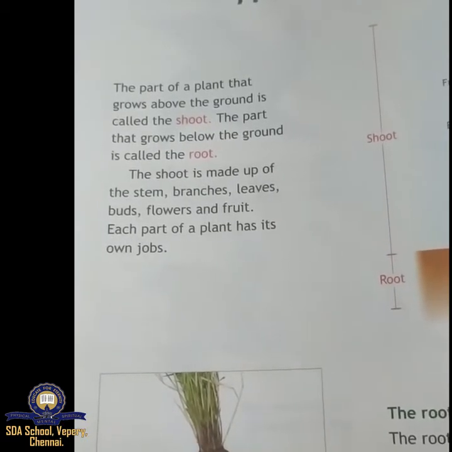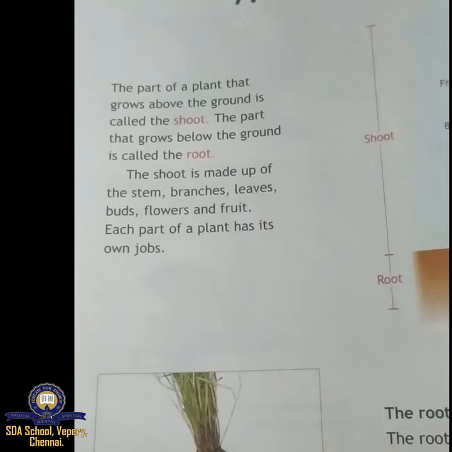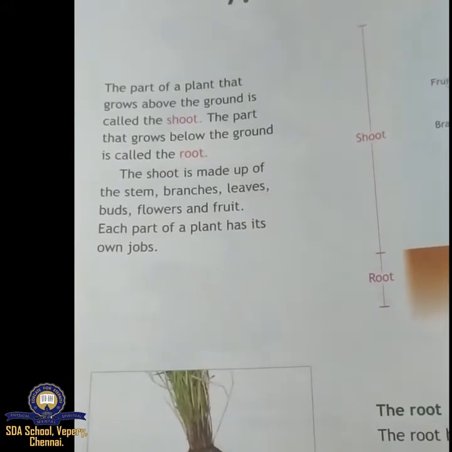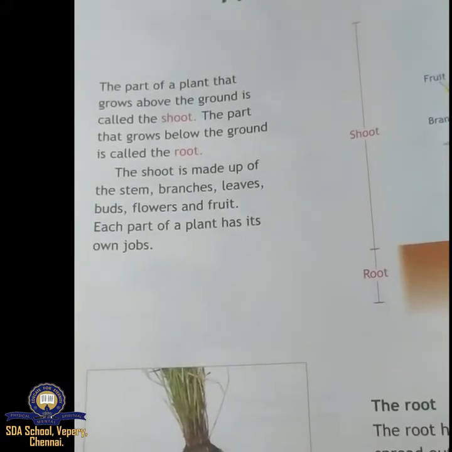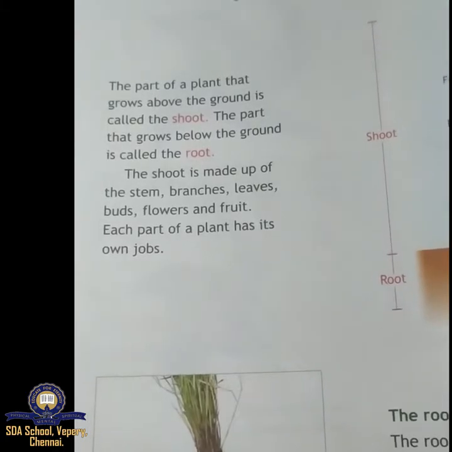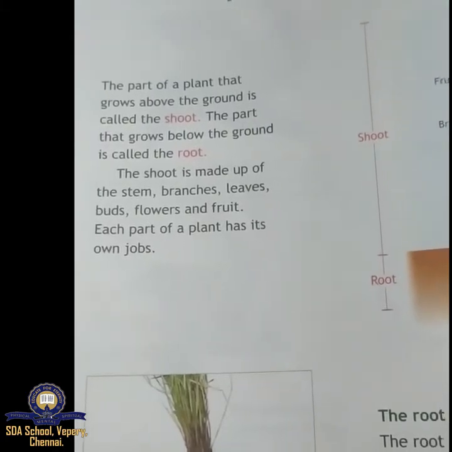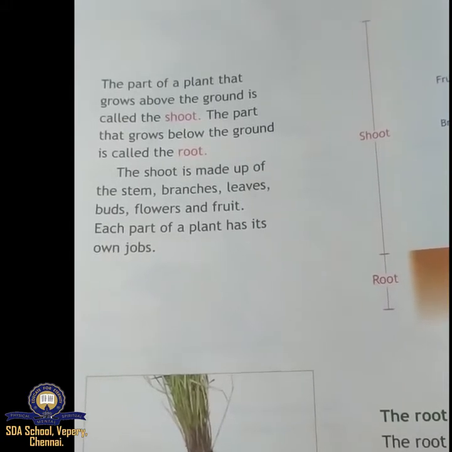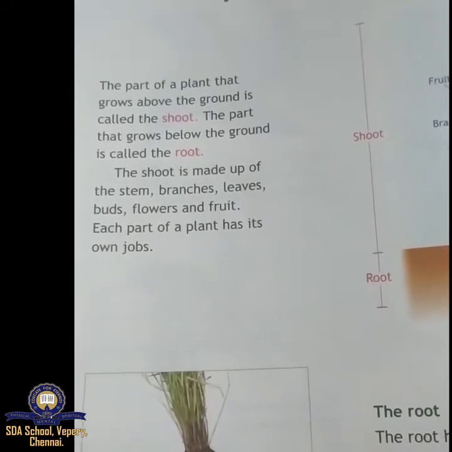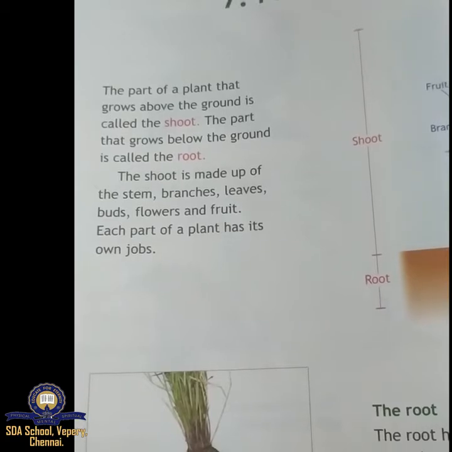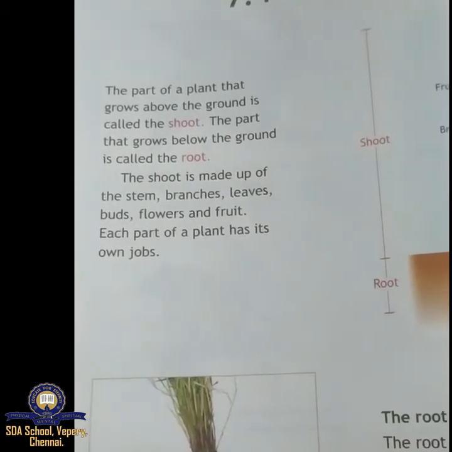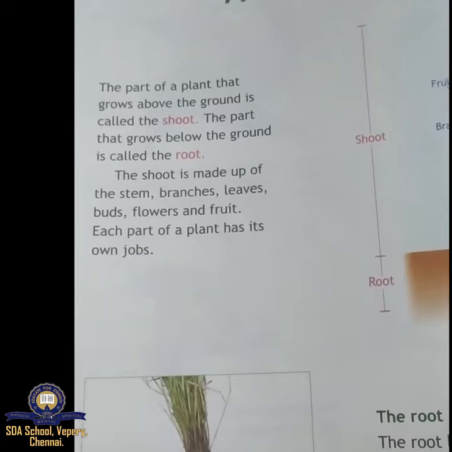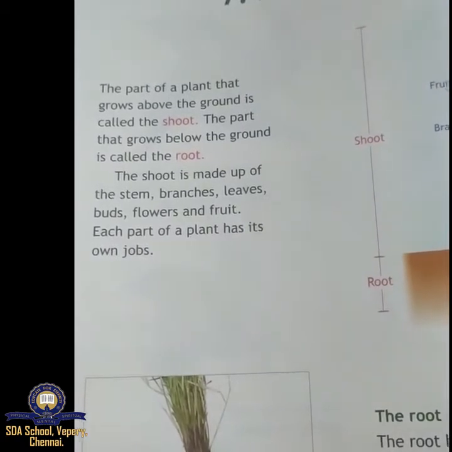Each part of the plant has its own job. What is the shoot system made up of? Stem, branches, leaves, buds, flowers, and fruits. Now we are going to learn each part of a plant in detail.